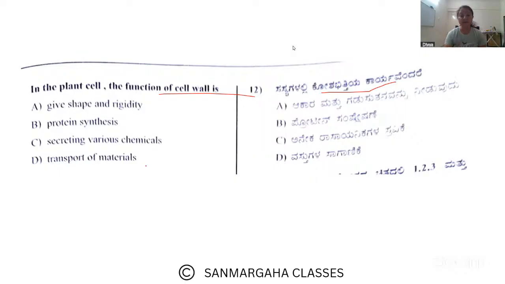Does the cell wall transport materials, because it is outside, covering the cell? Will it transport materials from one cell to the other cell? No. What transports is the plasmodesmata, the channels found in between that communicate from one cell to the other cell. So it is not the transport of material.